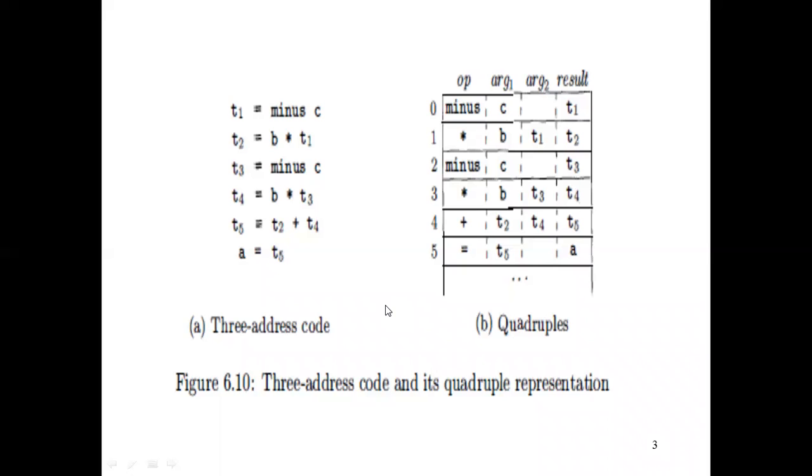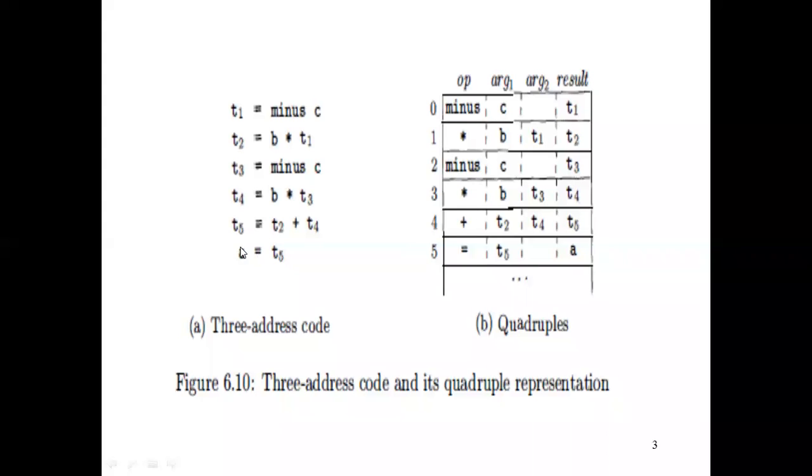Quadruples, as the name suggests, means a group of four items. Here we write the operator symbol in this column, then argument 1, meaning variable 1, then argument 2, and then the result.